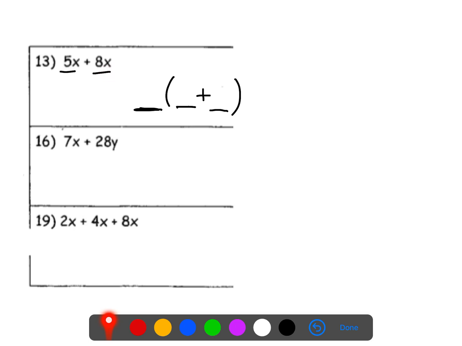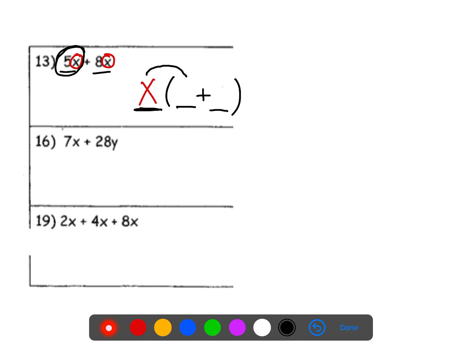We could call that our factor. So we'll take out the x from each of the terms and put it outside the parentheses. Then what we're going to do is inside the parentheses put the other factor. Now remember, if we were solving this, we would take x times this first term to get 5x.